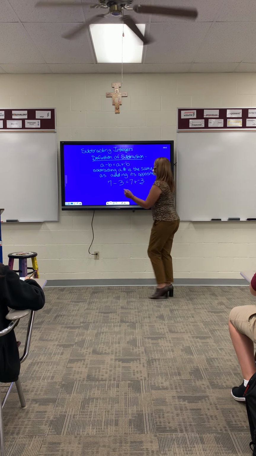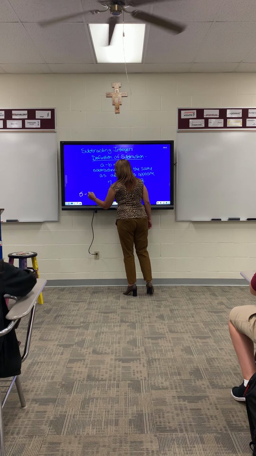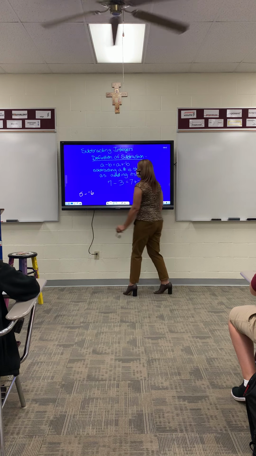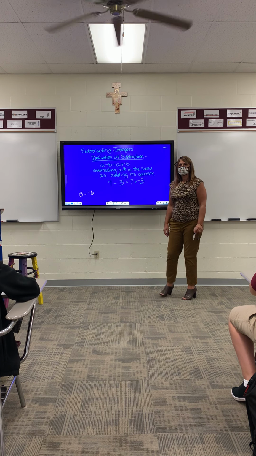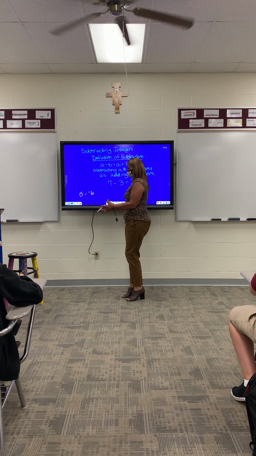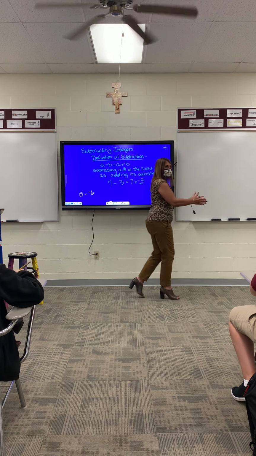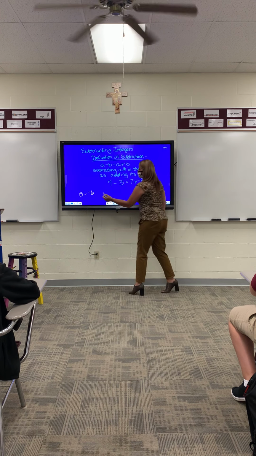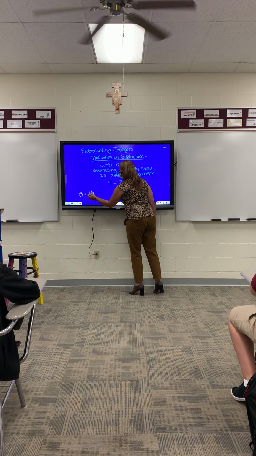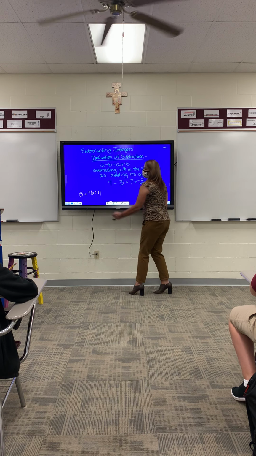Let me put more examples up there. 5 minus negative 6. If I'm on number 5, minus makes me go this way, but negative makes me go the opposite way. So if I go 6 in the opposite direction, minus changes to a plus, 6 changes to positive, I'm actually going to end up on 11.